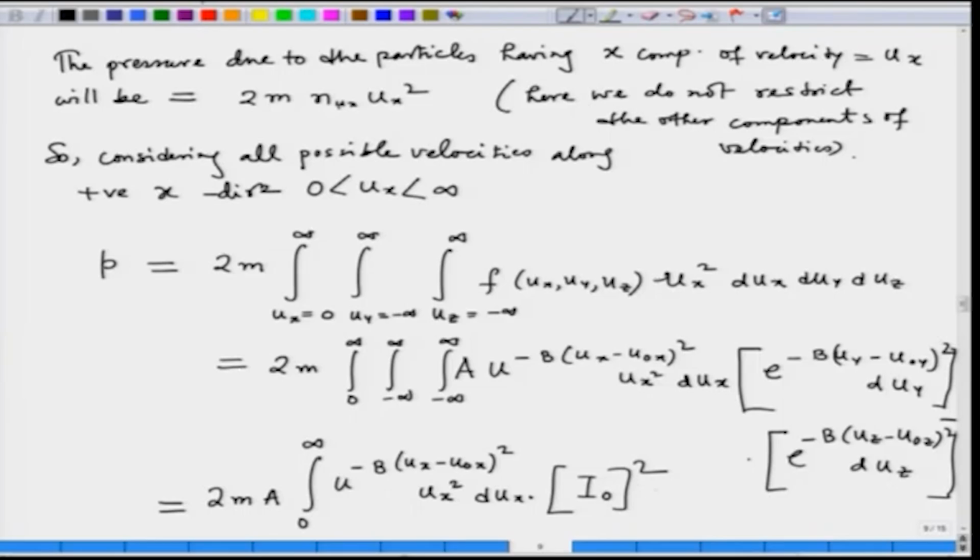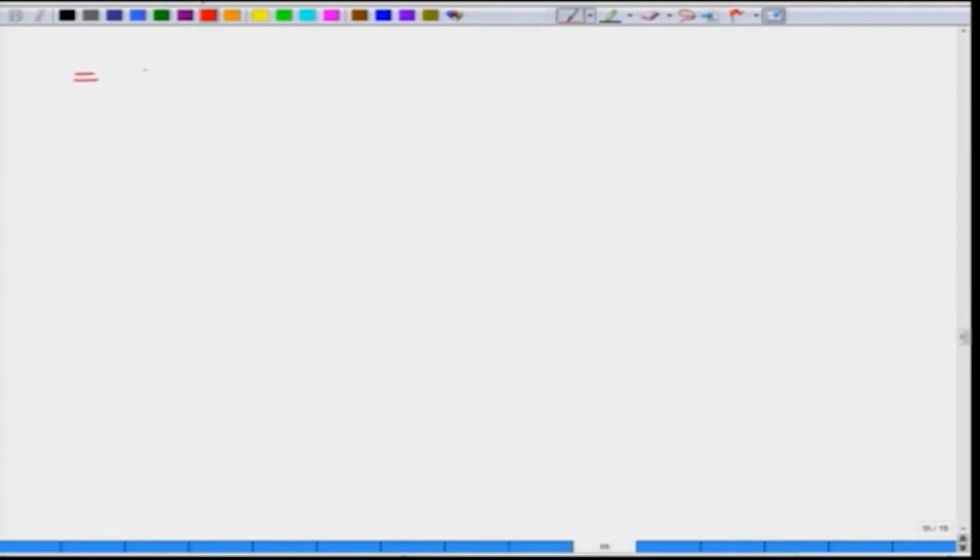Both of them are equal to root over pi by b. So, the square of each will simply be equal to pi by b. Then finally, we have 2 m a pi by b, integration from 0 to infinity of e to the minus b ux minus u0x whole square ux square dux.